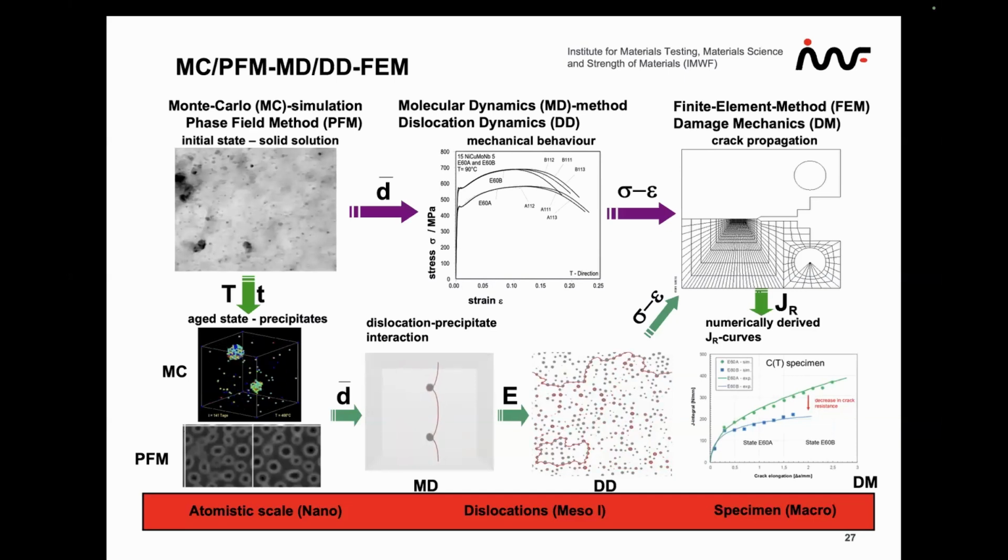And the usual way is to do experiments on the microscope, to do tensile tests and see what aging means, namely strength increase due to increased population of copper precipitates.